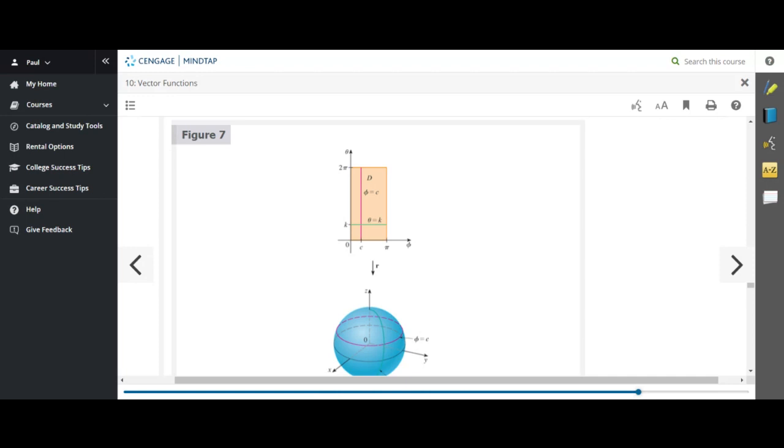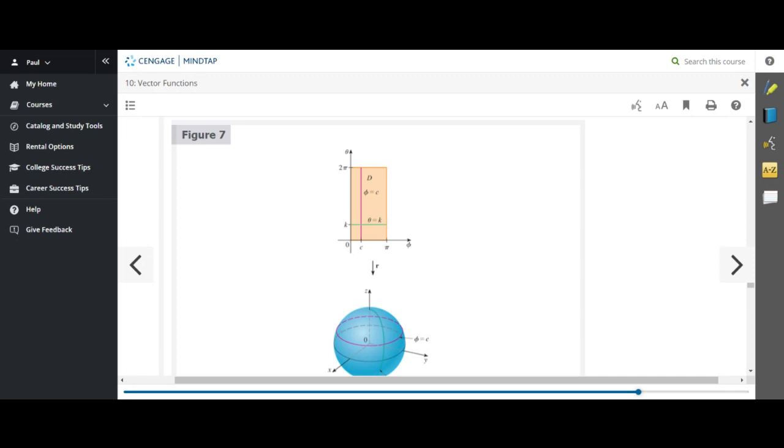And what you can do, you see there how they set phi equal to c? You see that red line segment where they let phi equal to c?